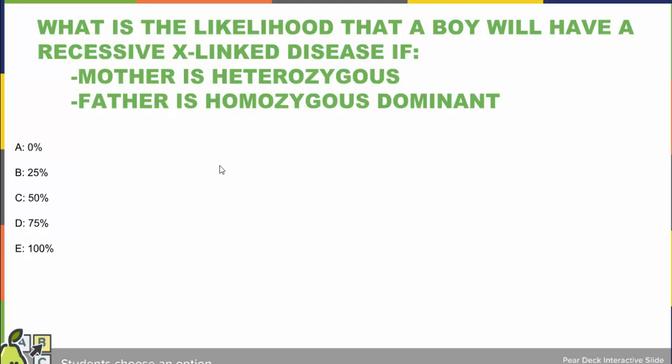Okay, so in the picture here, we can see that we've put the mother on the top, and she is heterozygous. So I've got two X's there. One of the X's I have marked as having the disease, and the other X I have marked as not having the disease.